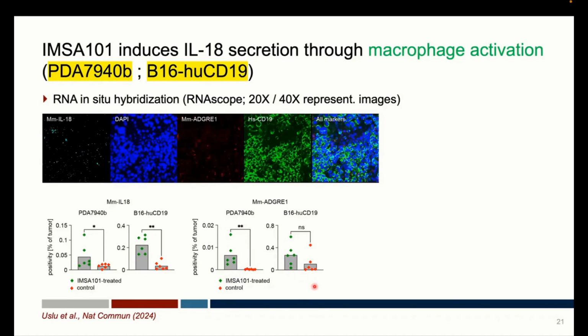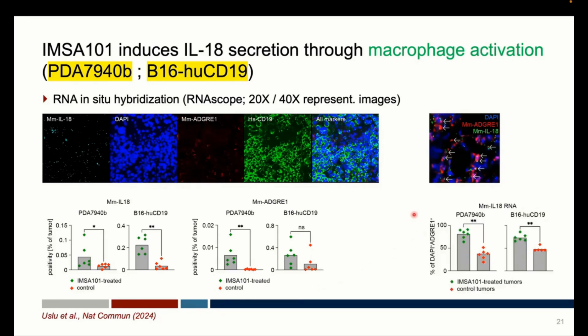So this confirms that there is more IL-18 and also more macrophages in the STING-treated tumors. And our pathologist designed an algorithm to also see if the count of IL-18 secreting macrophages is higher in the STING-treated cohort.